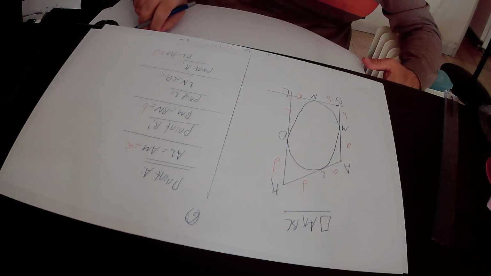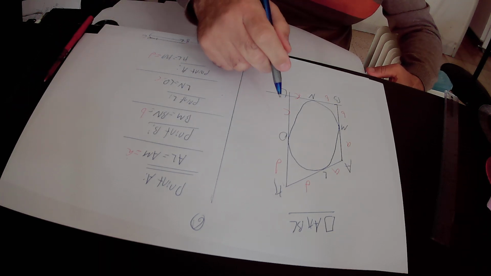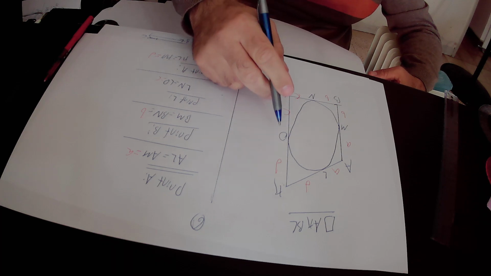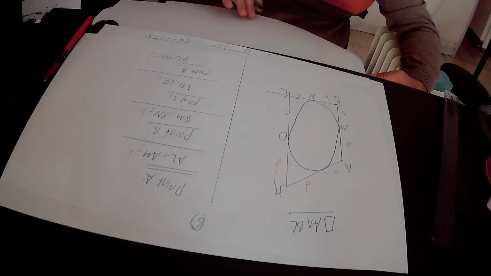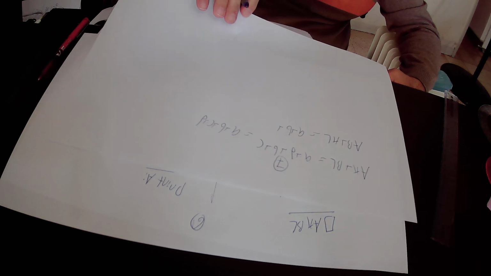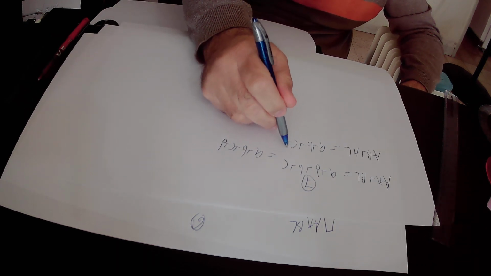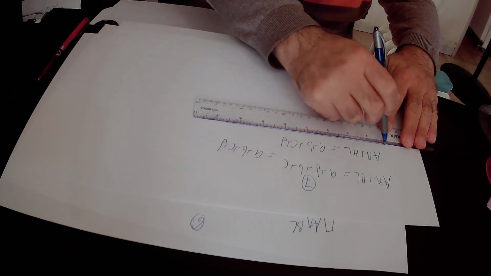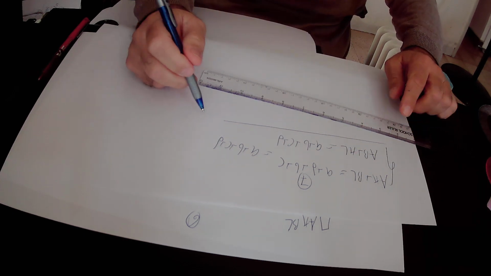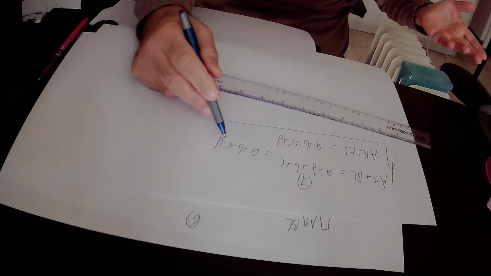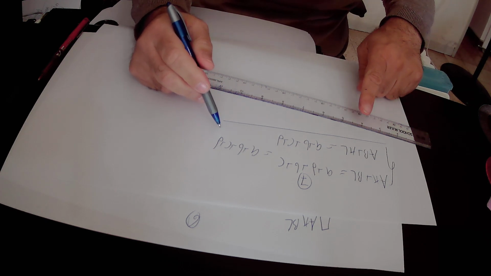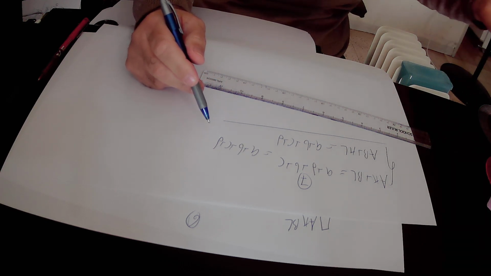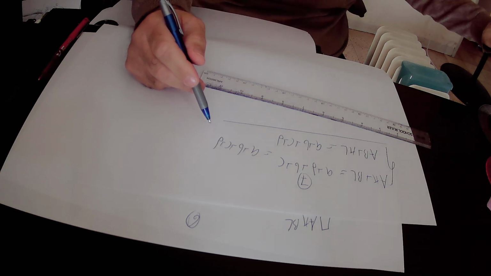Side KL equals C plus D. So here, AK plus BL equals A plus B plus C plus D, and AB plus KL also equals A plus B plus C plus D.